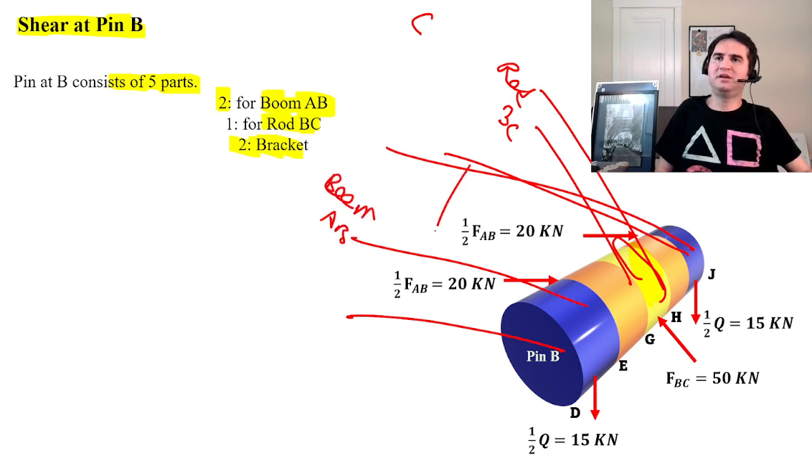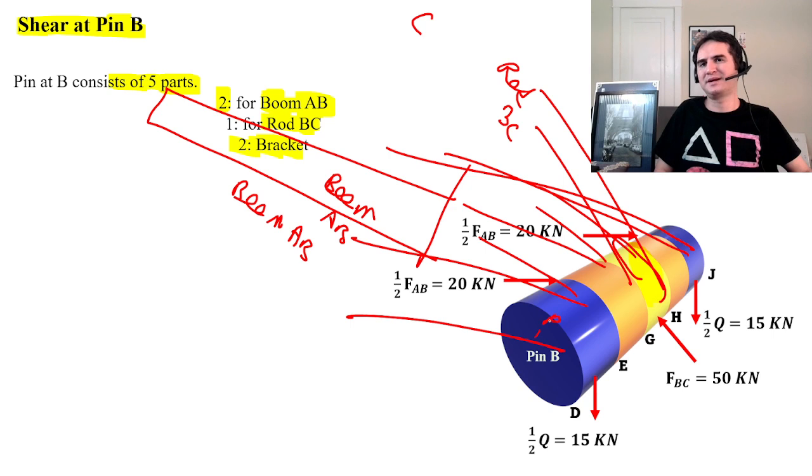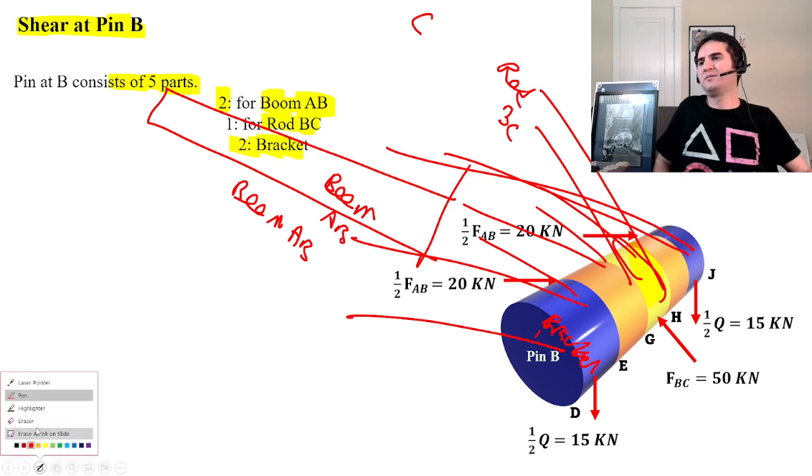It's connected to boom AB. And this part is connected to a bracket. So let's see, these are the boom and these outer parts are the bracket. Then let's see how we can attempt our problem.